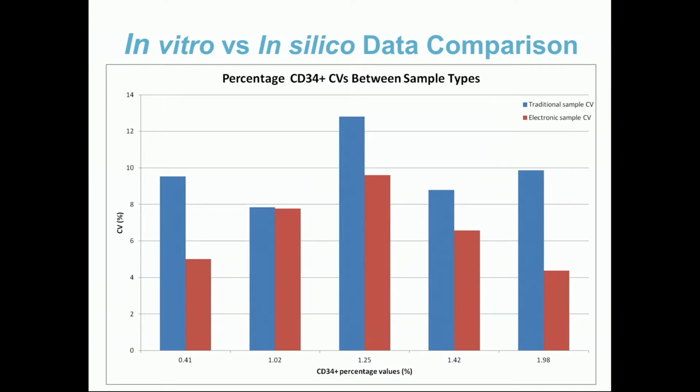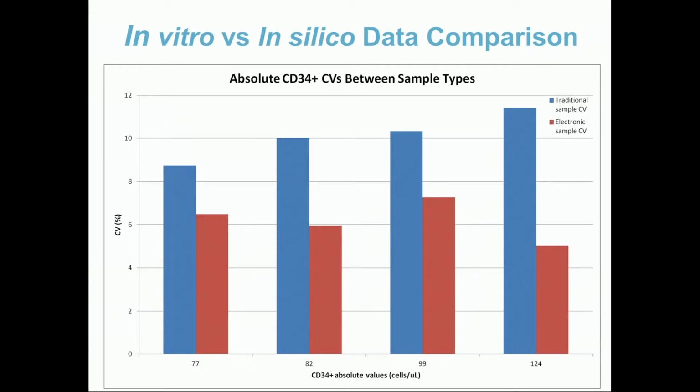If we have a look at the absolute counts, now you will notice there's only 4 data points as opposed to the 5 data points there. That's because the 5th data point, which kind of sits here, had a count of 600 CD34 cells per microliter. We've never issued a wet sample like that, so I couldn't have a corresponding neighbour to plot it against.